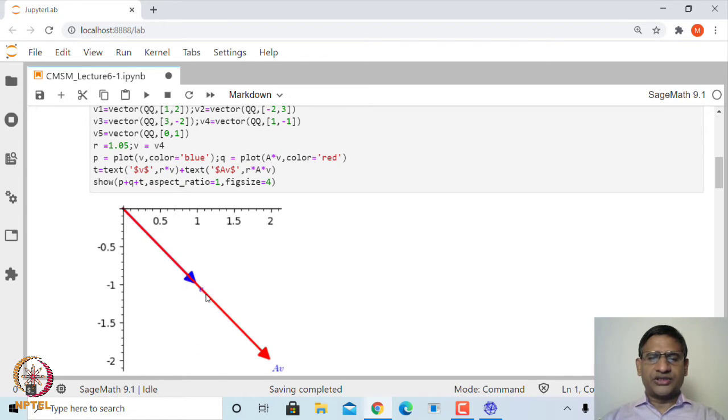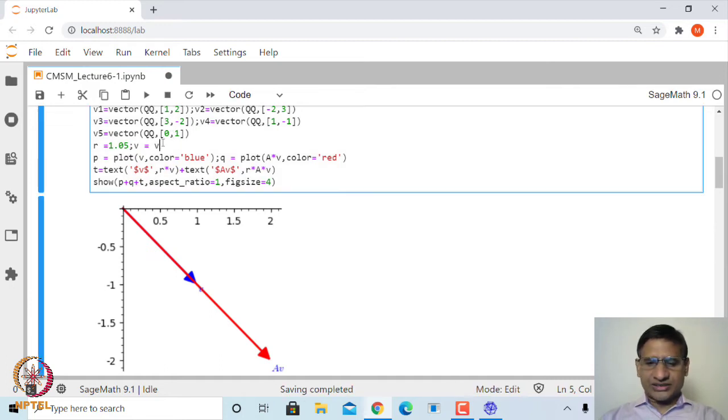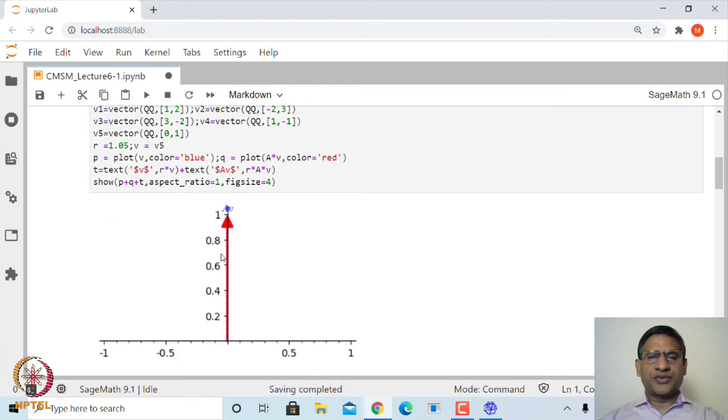If Av is twice v, that means 2 is an eigenvalue and v is an eigenvector with respect to eigenvalue 2. We do not know exactly how much, but one can find out, and geometrically it looks like twice, right. Similarly, if I take another vector, let us say v5 which is the unit vector 0 comma 1, then you can see here both Av and v are the same.